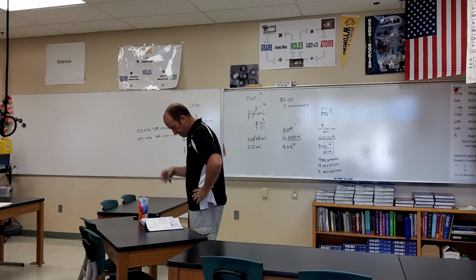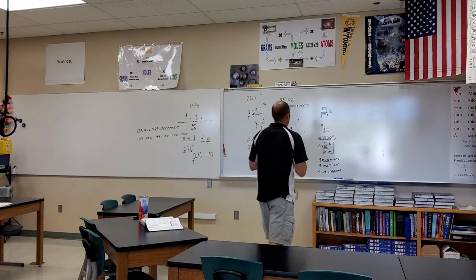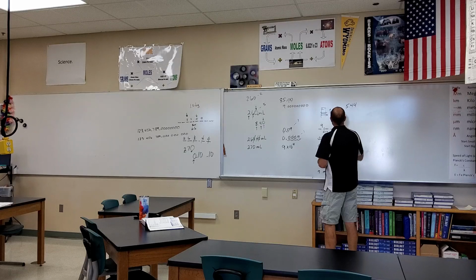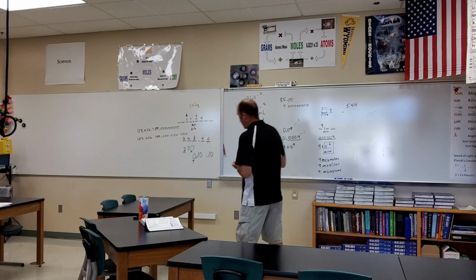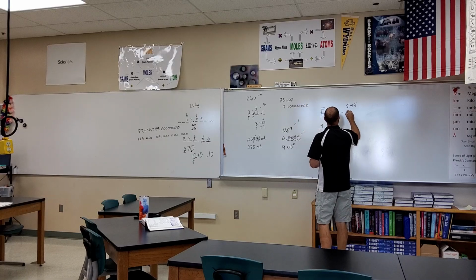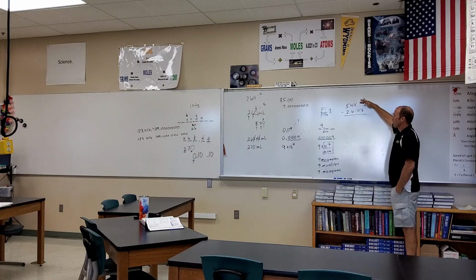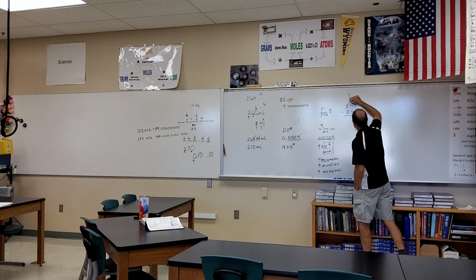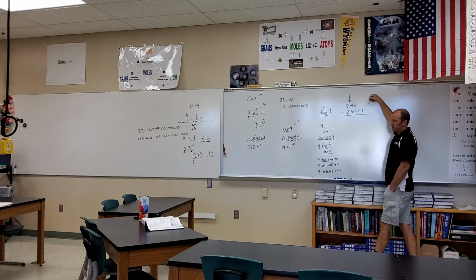So, given something like this, 5.44 minus 2.6103. When we add and subtract, we're just concerned about how accurate it is after the decimal point.